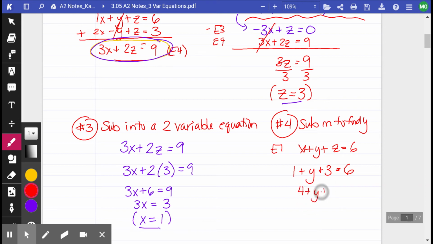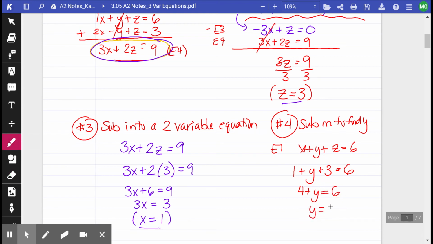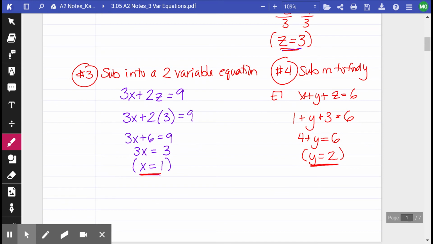I have 4 plus y equals 6. And then solve for y by subtracting my 4 to get 2. So now I have y equals 2, x equals 1, z equals 3. The last thing I want you to do is write out your solution as an ordered triple. And it always goes in alphabetical order. So x, y, z.